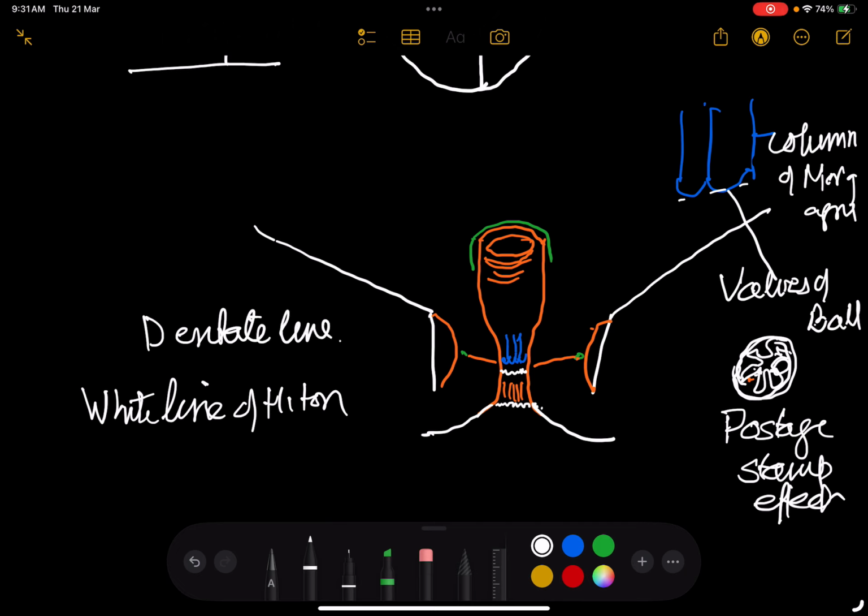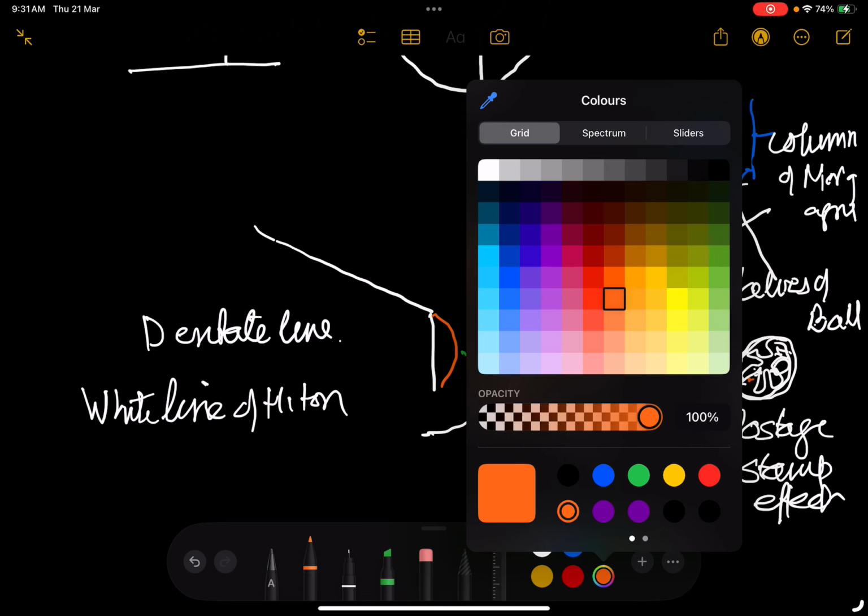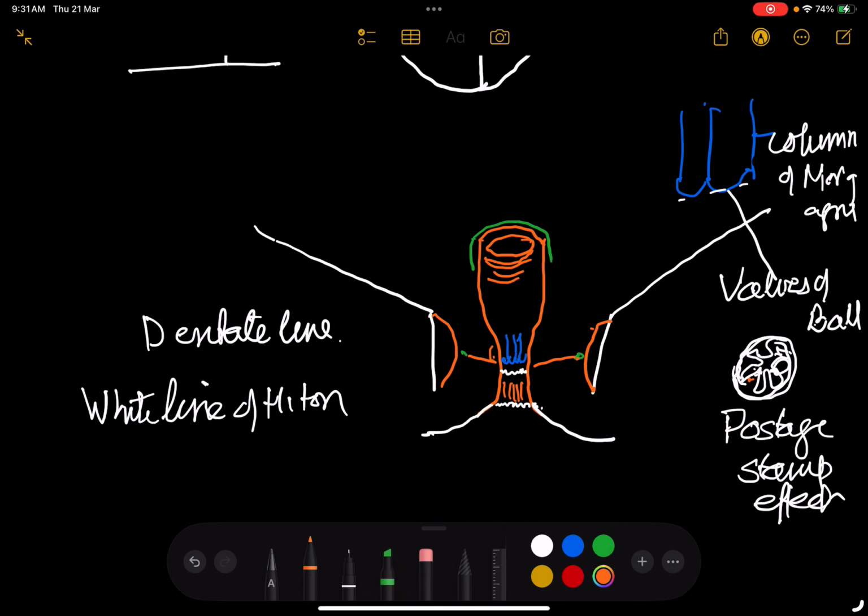Then the levator ani gets particularly strong here, and this is the puborectal or the pubococcygeus portion.